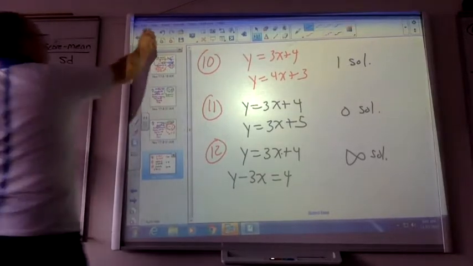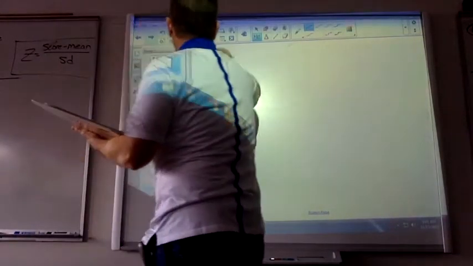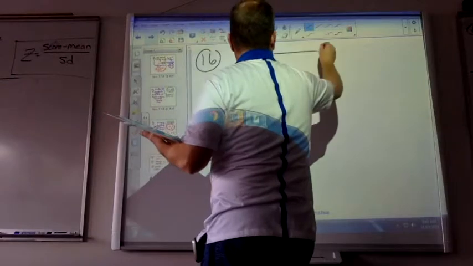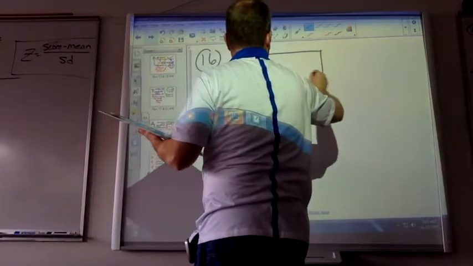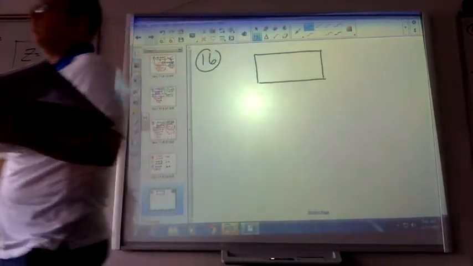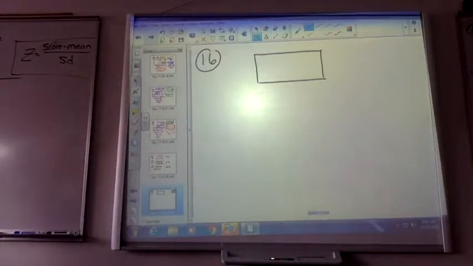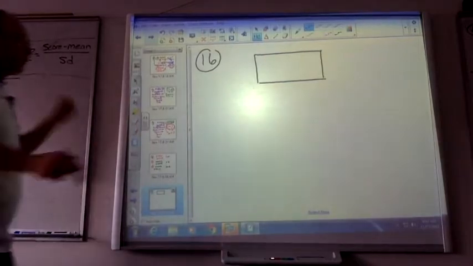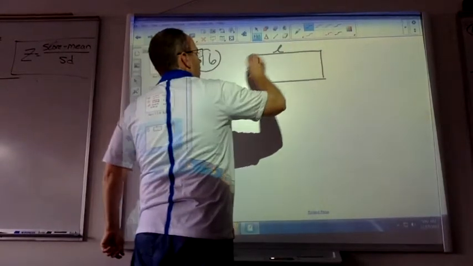So, word problem. Let's draw what we might have. So that appears to be a rectangle, and you've been indoctrinated to know that the length is usually longer than the width. You'll find out next year in geometry that it doesn't really matter. But let's just stick with what we know so far. So we have a rectangle, we know we have a length, we have a width.